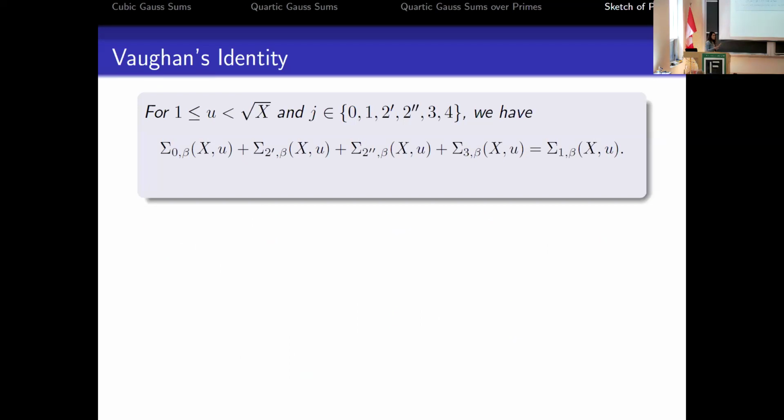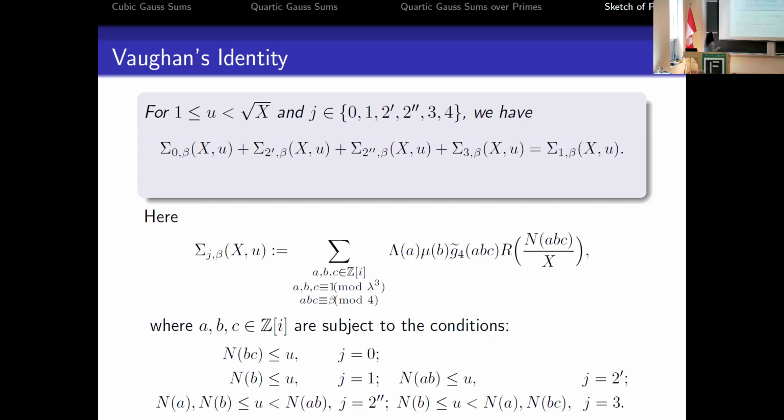Type 1 is usually a linear sum, and type 2 would be bilinear sums. And the idea is that this helps us to drop that condition that we're summing over primes, so the sums become more tractable in a way.